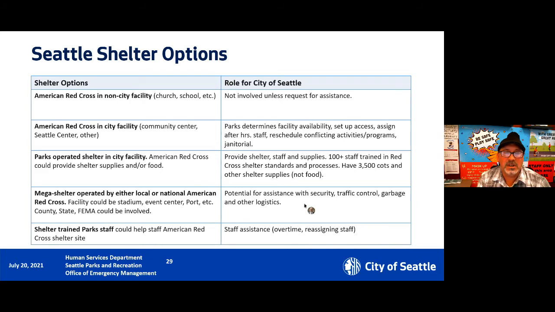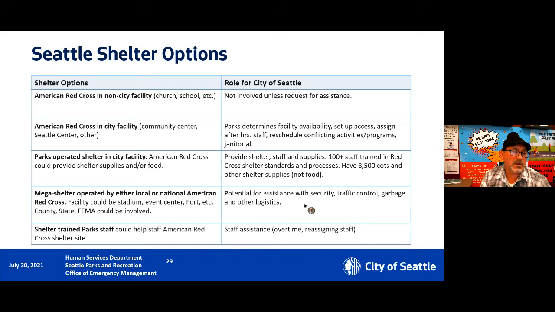Parks Department could determine the facility availability, set up access, assign after-hour staff, reschedule conflicting activities or programs, and can provide janitorial service. The next option could be a park-operated shelter in a city facility.